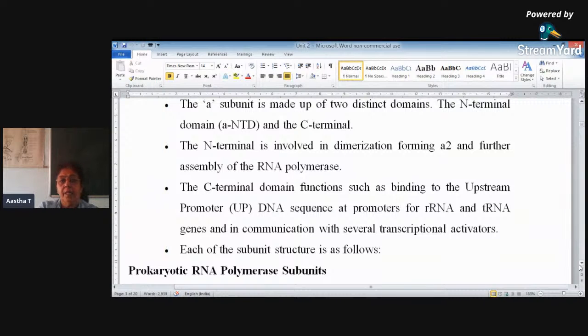RNA polymerase. त्याचा दोन डोमेन्स आहेत, एक एन टर्मिनल डोमेन आणि सी टर्मिनल डोमेन. प्रत्येक अमायनो ॲसिडला एन टर्मिनल आणि सी टर्मिनल असतो. त्याच्यामुळे अमायनो ॲसिड्सची जी चेन तयार होते त्याच्यापासून काय तयार होईल? एन्झाईम किंवा प्रोटीन. तर प्रोटीनला सुद्धा एन टर्मिनल असेल आणि सी टर्मिनल असेल. तर आर एन ए पॉलिमरेजला सुद्धा एन टर्मिनल असतो ज्याला आपण ANTD म्हणतो आणि सी टर्मिनल असतो. So N-terminal is involved in dimerization, while C-terminal is involved in binding to the promoter region.